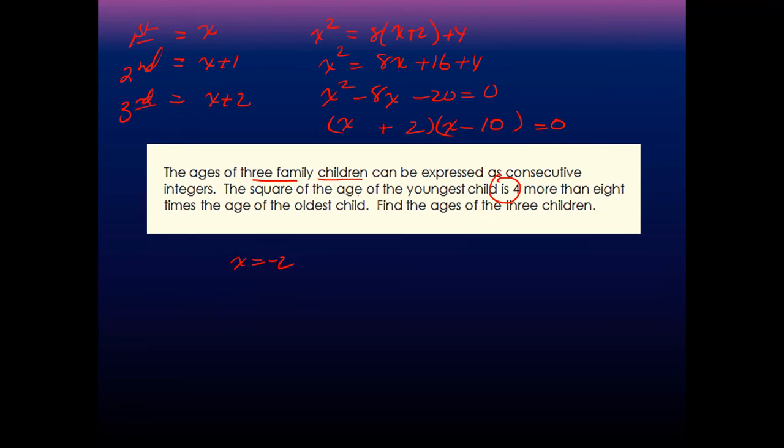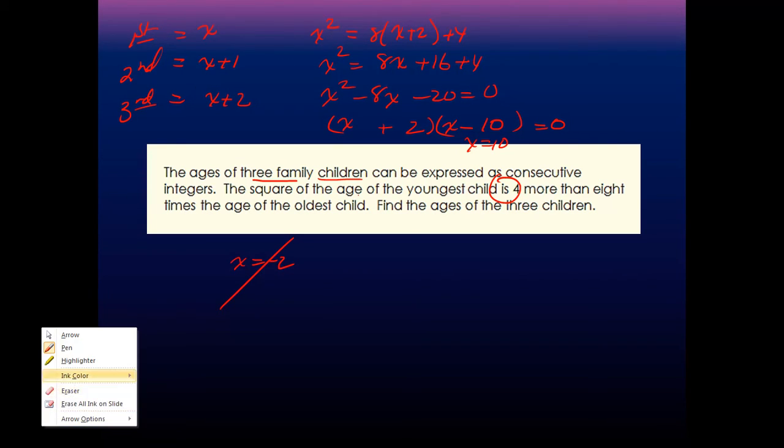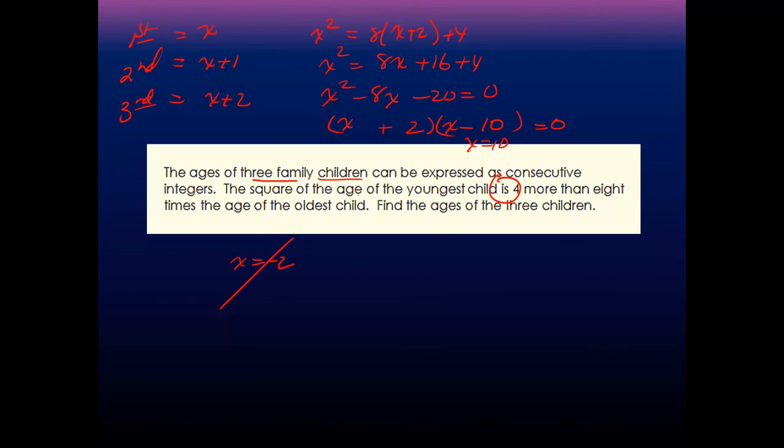That doesn't make any sense because the child can't be negative 2 years old. And from this I get x is equal to 10. So the first child is 10 years old. If x is 10, the next child will be 11, and the next child will be 12. So those are the ages of the 3 children in this family.